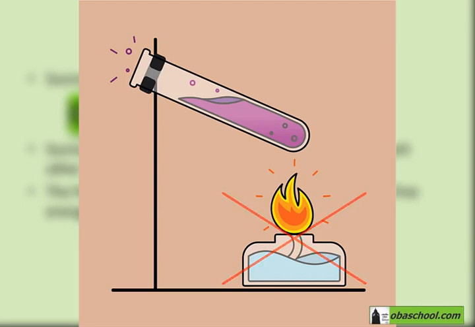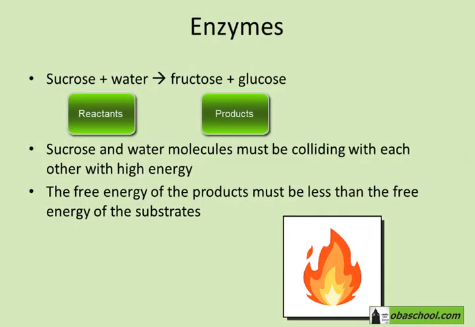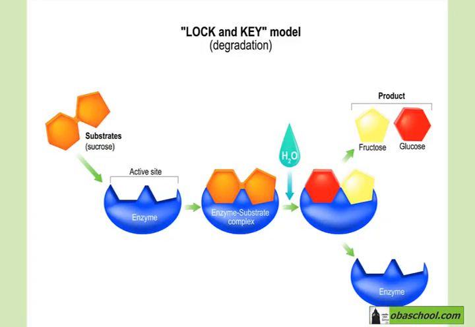Some reactions need to be given heat as a form of energy, or else they cannot occur, simply because the products have a much higher energy than the reactants. So you need an extra input of energy from somewhere. For this reaction to occur spontaneously without an input of energy, the products must be lower in energy than the reactants.